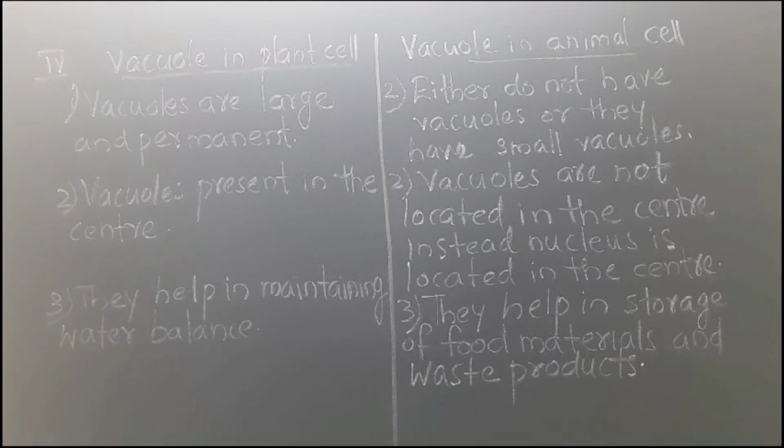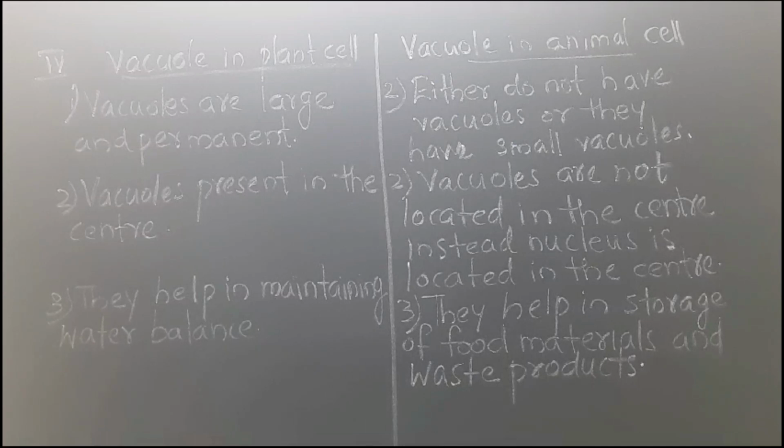Second point is vacuoles are present in the center in plant cell. Vacuoles are not located in the center in animal cell. Instead, nucleus is located in the center in animal cell.